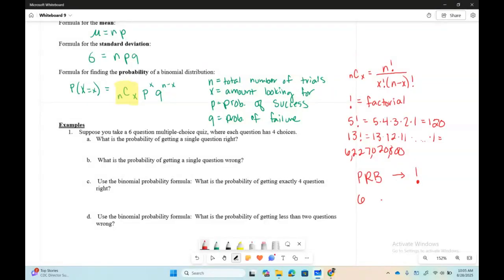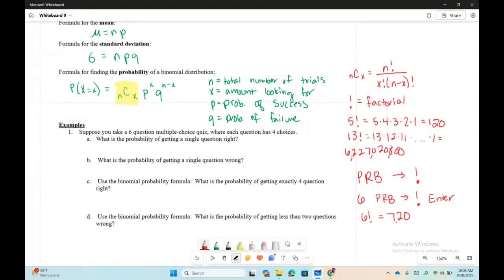I could type 6, then that PRB button, scroll to the right, hit the factorial, and then enter. On my calculator, it should look like 6 factorial. I can hit equals again and get something like 720. If you have a question on how to use your calculator, send me the type of calculator you have and we can certainly work that out.